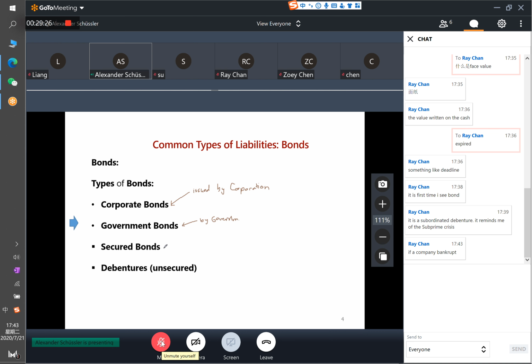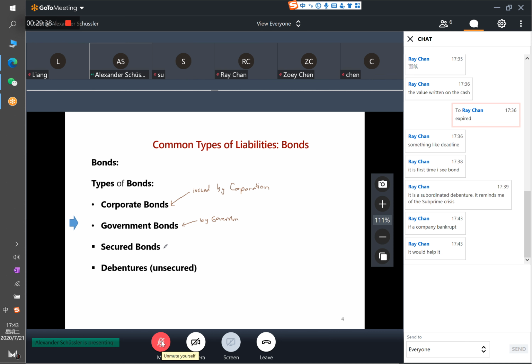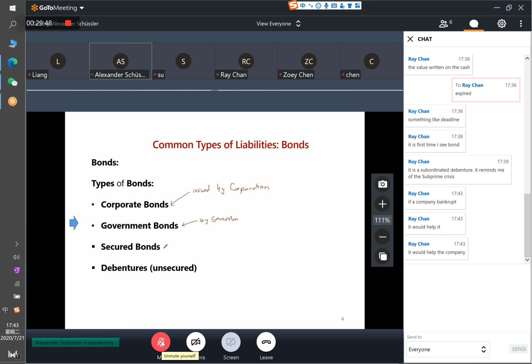You go to a bank, you want to buy a house, but you do not have enough equity, and then you borrow from the bank. You get your mortgage, your loan, and the bank gives you money, and you have to pay it back. What happens if you cannot pay it back? The bank owns the house. The mortgage is secured by the house. This is a secured mortgage.